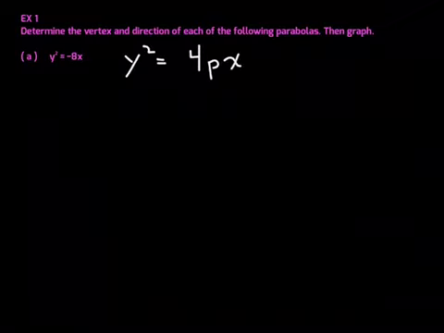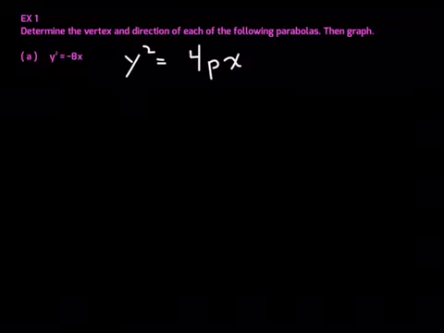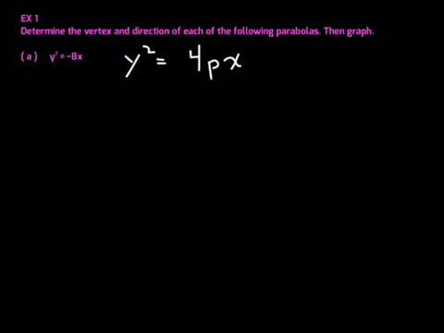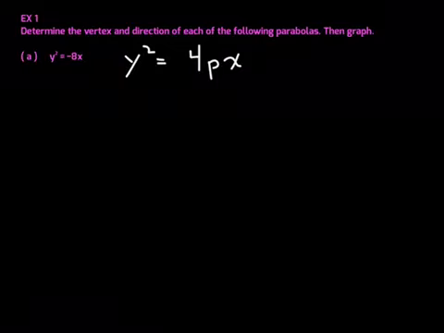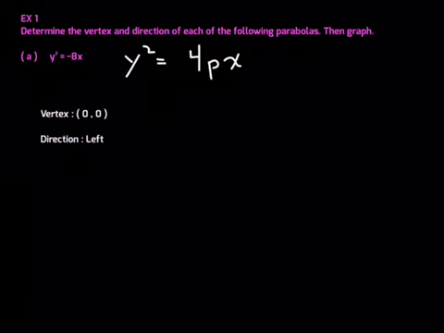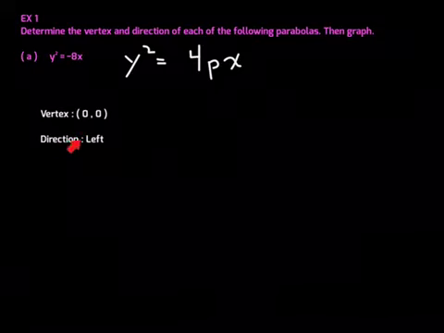A few things we know automatically. We know that the vertex of this parabola is at the origin, at 0, 0. So this is what we know so far. We know the vertex is at the origin, and we know the direction is left.